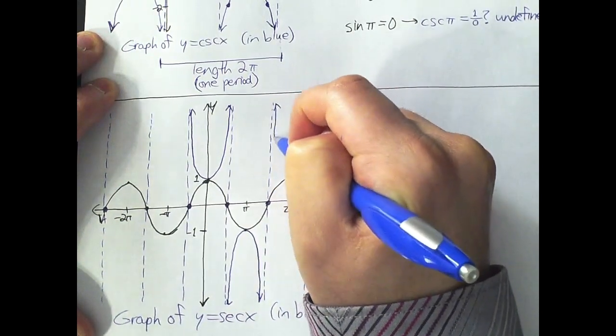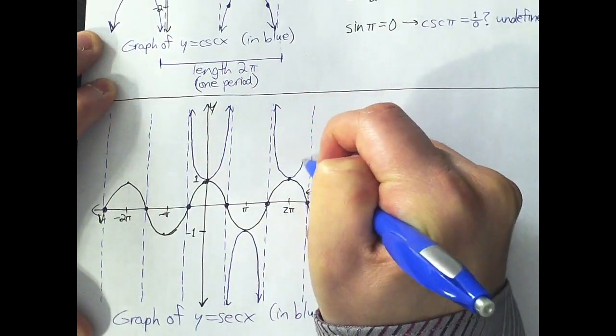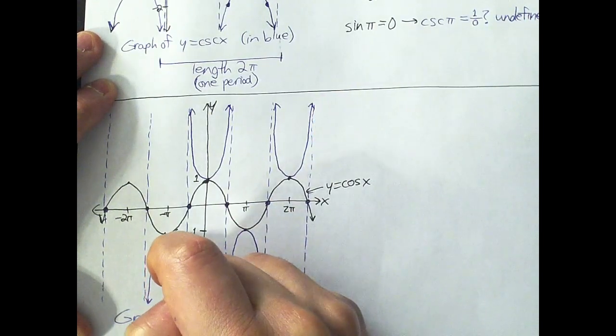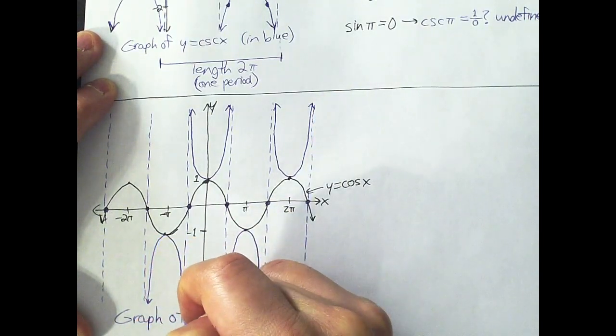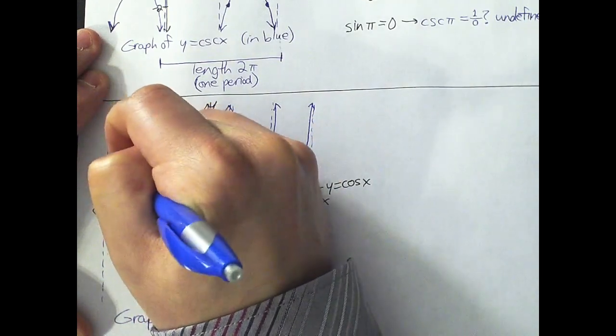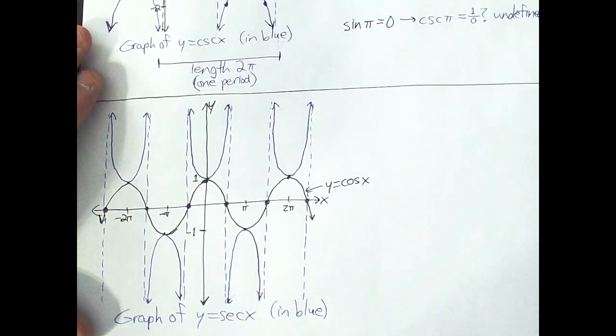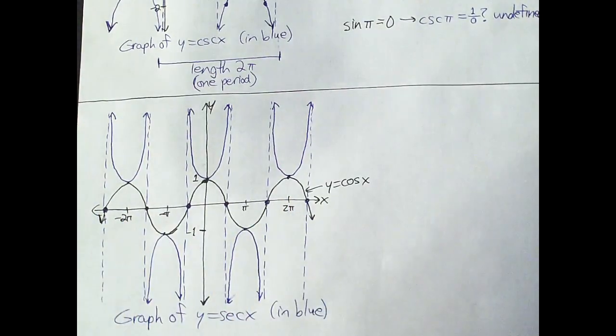So what I'm drawing in blue is the graph of secant. Interesting graph. Now imagine we erase the black curve because it was just there as a guide to help us.